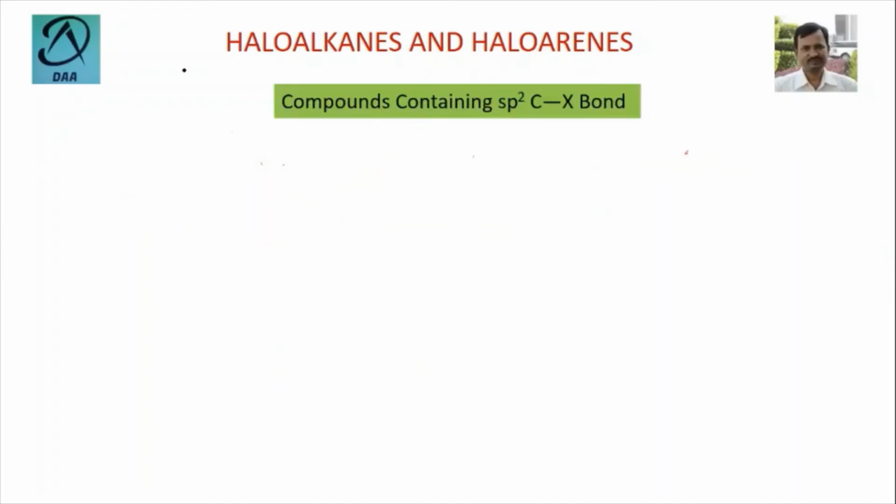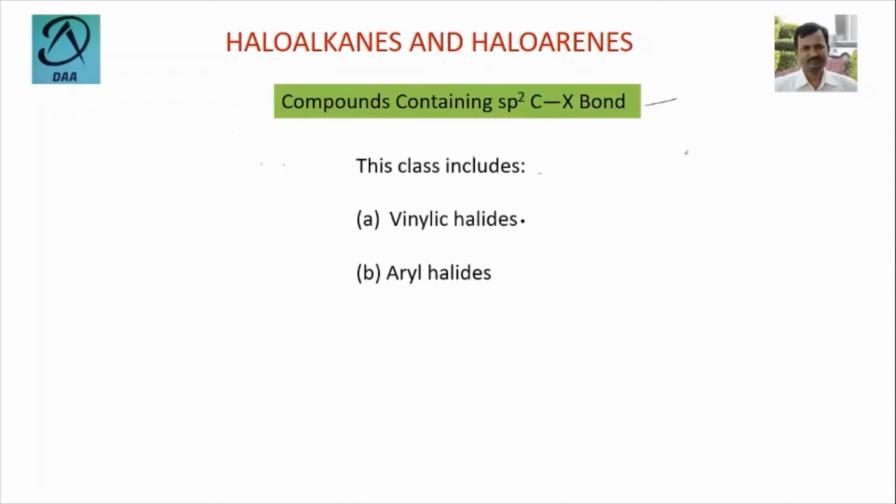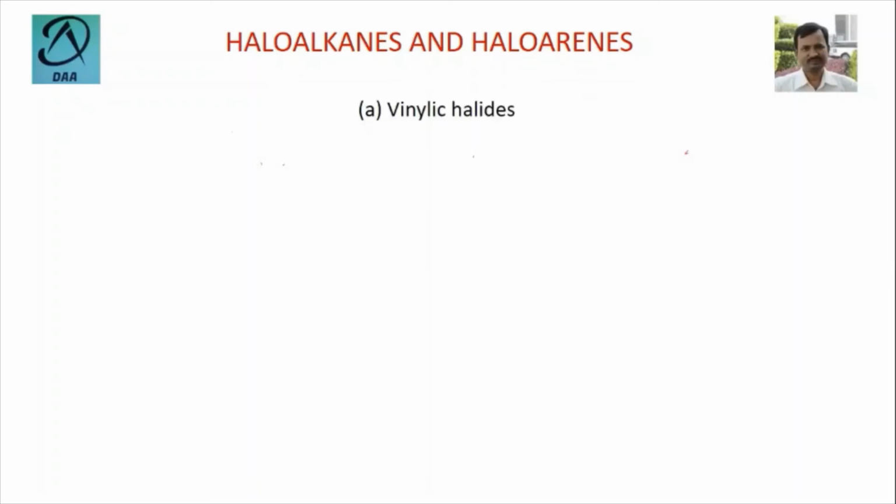Now we will go for the compounds containing the sp2 C single bond X bond. X is halogen atom. So this class includes vinylic halides and aryl halides. Now vinylic halides.